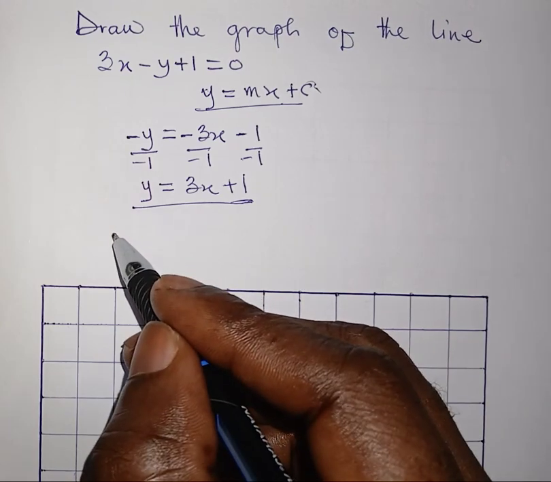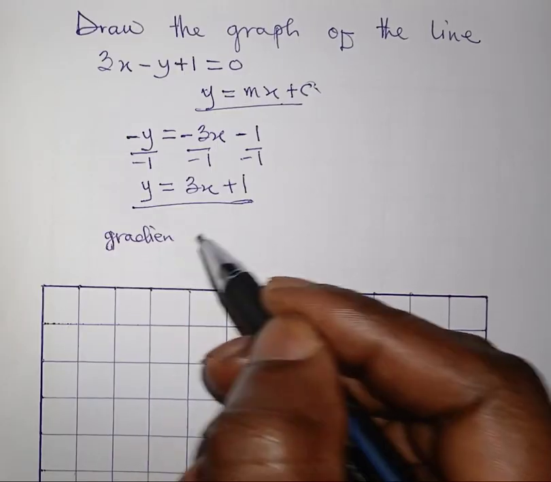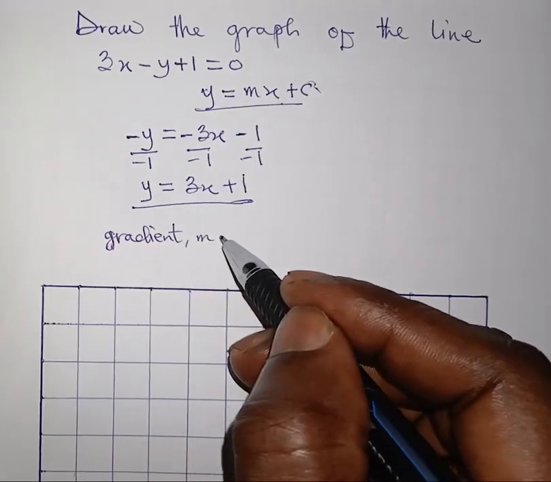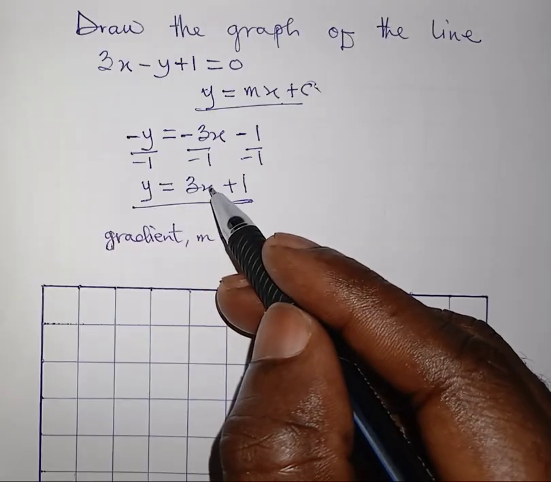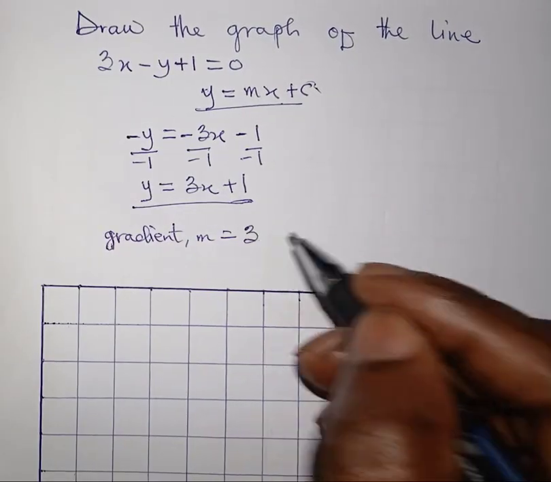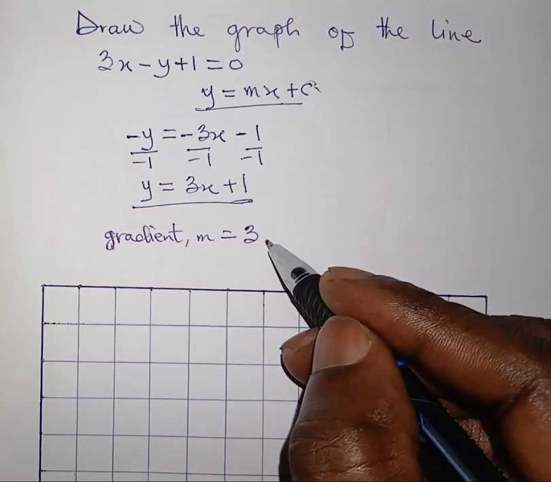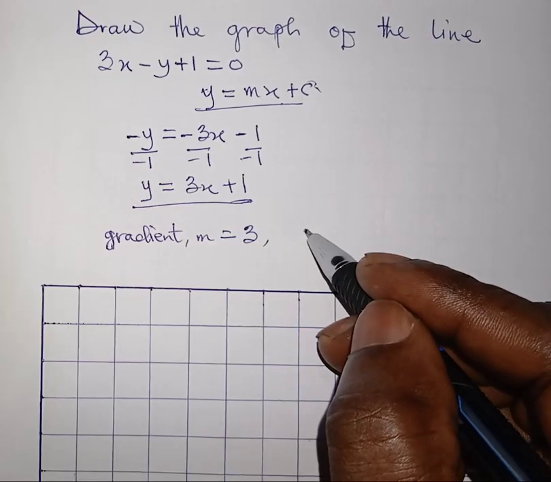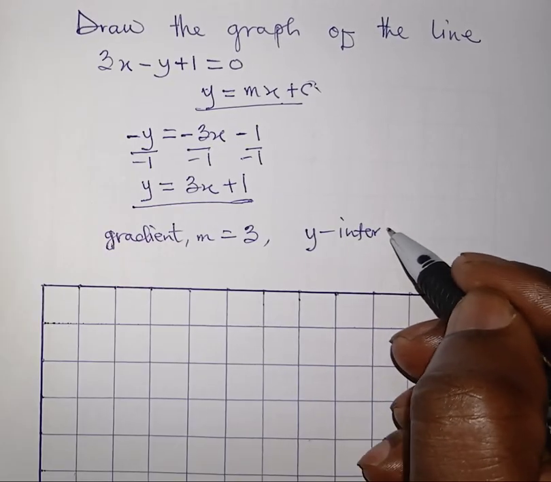So my gradient m is equal to, so the coefficient of x is my gradient. So we have 3 as our gradient, and then let's also look at our y-intercept.